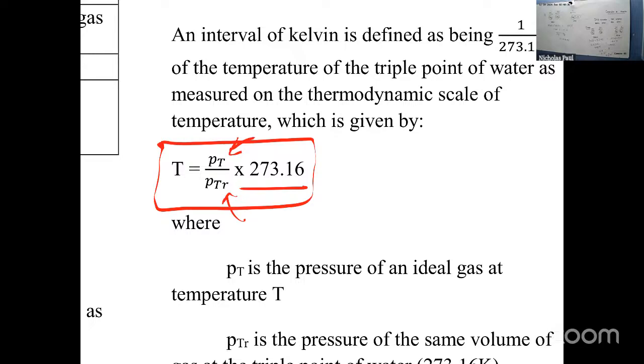You will recognize that this scale just uses pressure at the unknown temperature and pressure at the triple point, and has nothing to do with any thermometric properties.